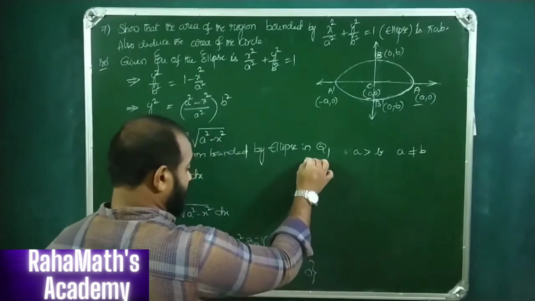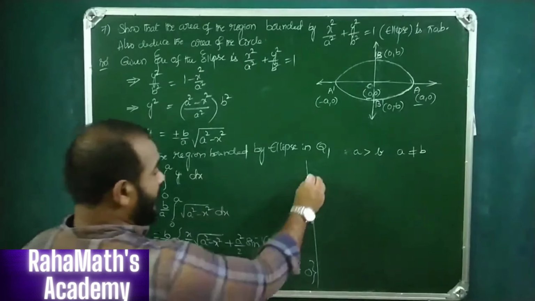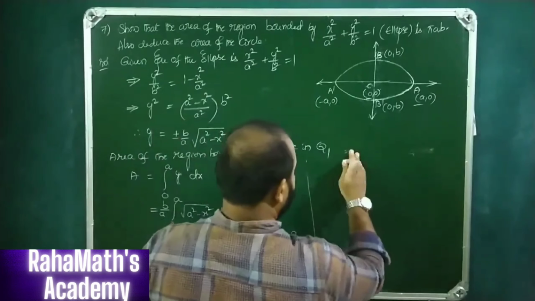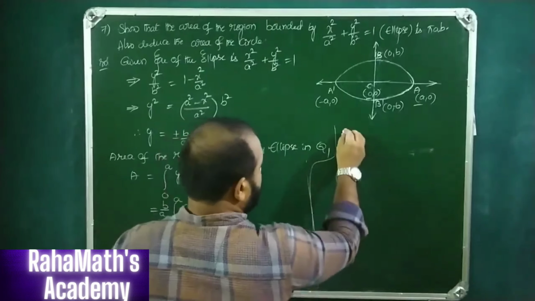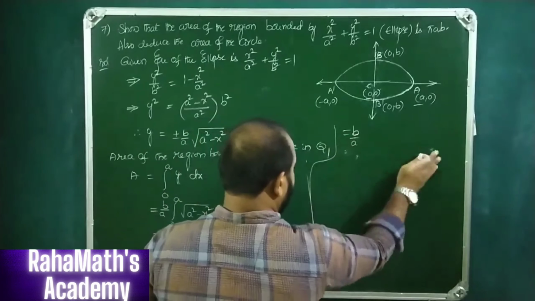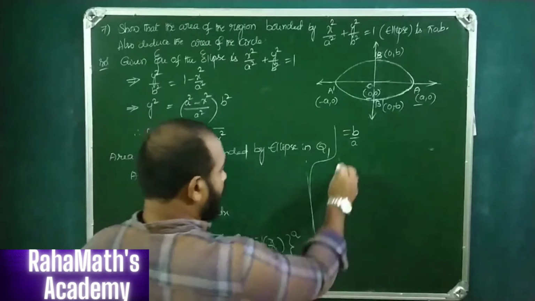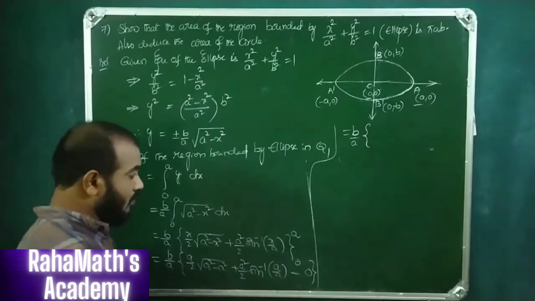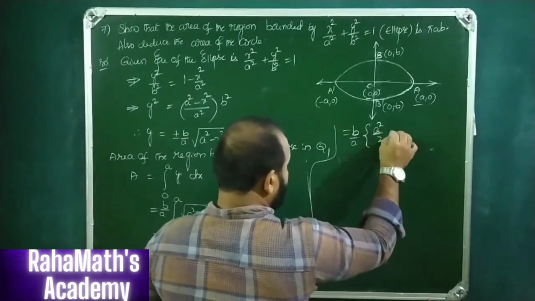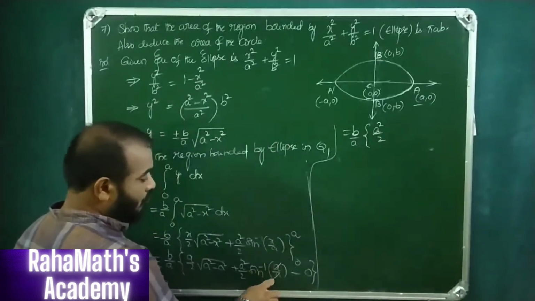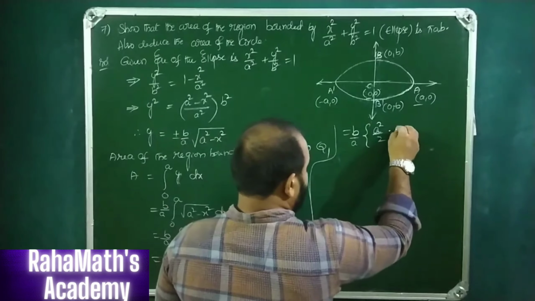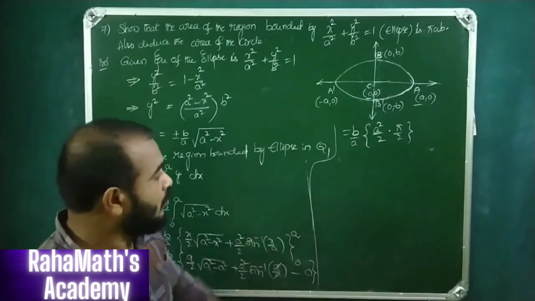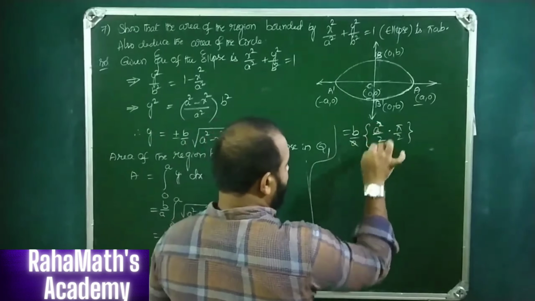This is equal to b by a into, this is a square minus a square is 0. This is all 0. a square by 2, this is sine inverse 1. Sine inverse 1 is pi by 2 because sine 90 is 1. So a gets cancelled.